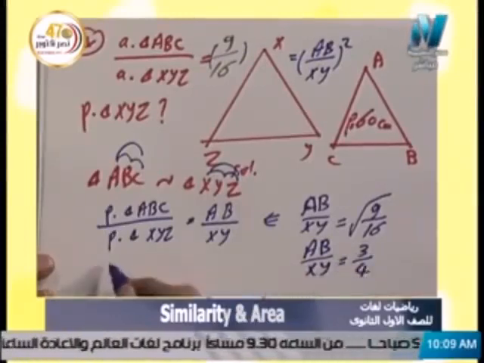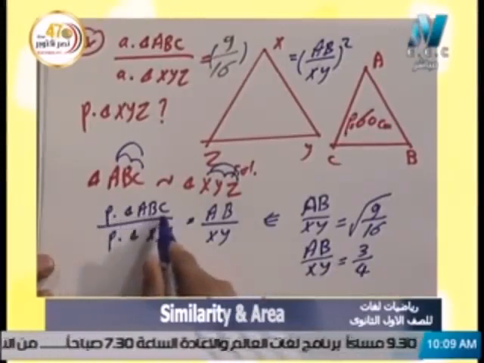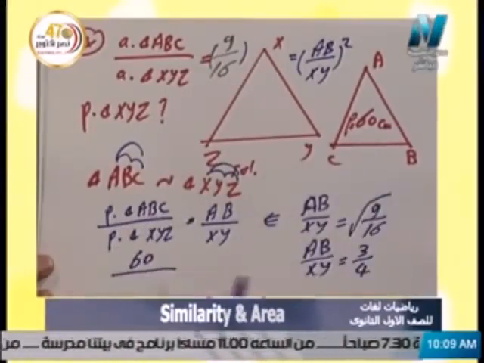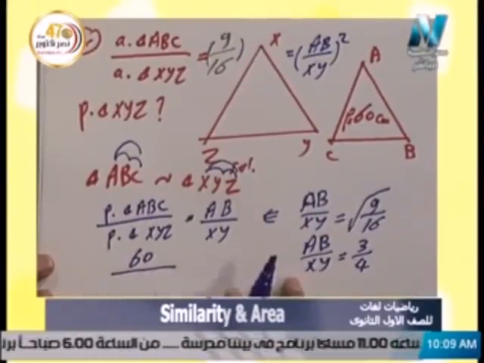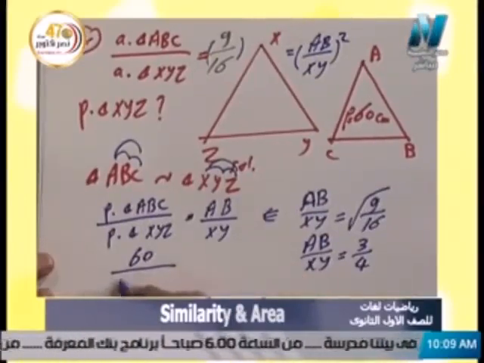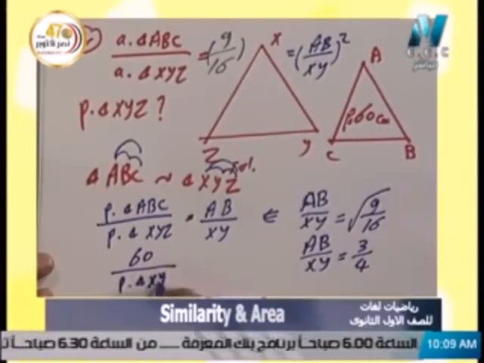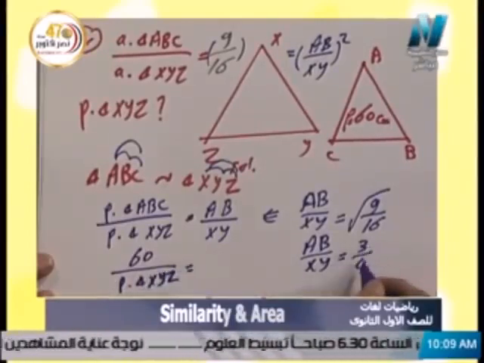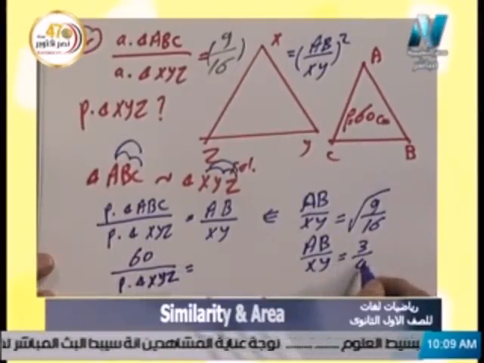So the perimeter of triangle ABC, which is 60 centimeters, over the perimeter of triangle XYZ equals 3 over 4, which is one of the ratios.